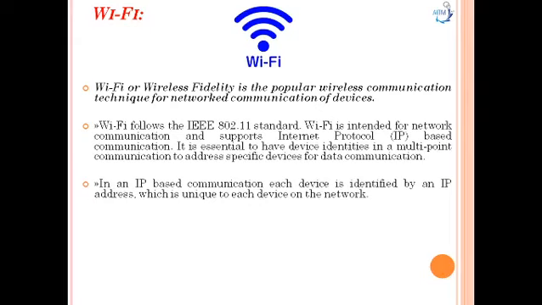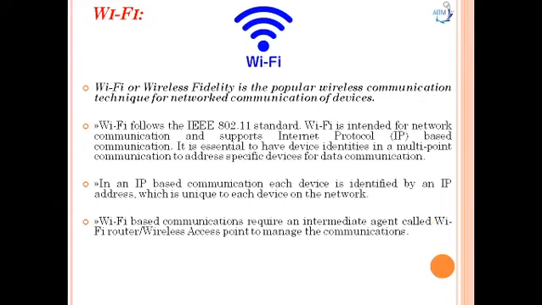Wi-Fi based communication requires an intermediate agent called a Wi-Fi router. Here we require intermediate agents like Wi-Fi routers or wireless access points, which communicate between the different devices to manage the communication.